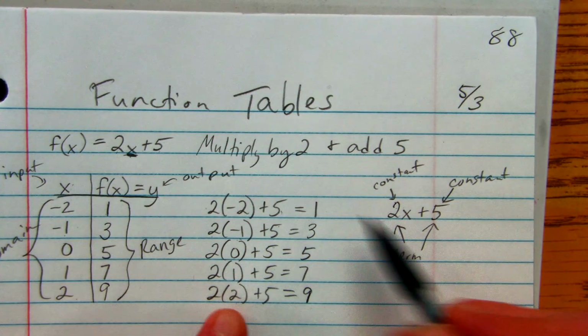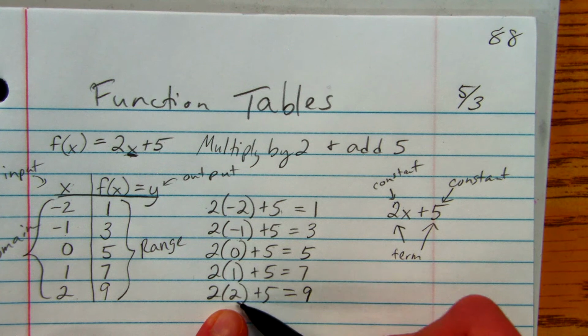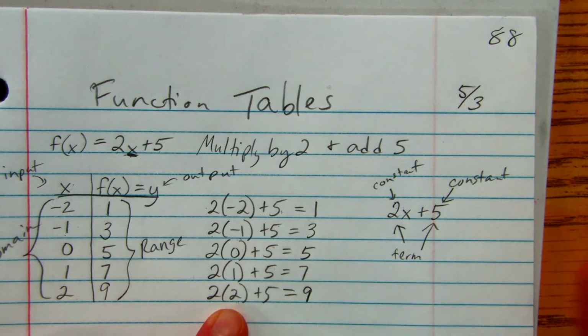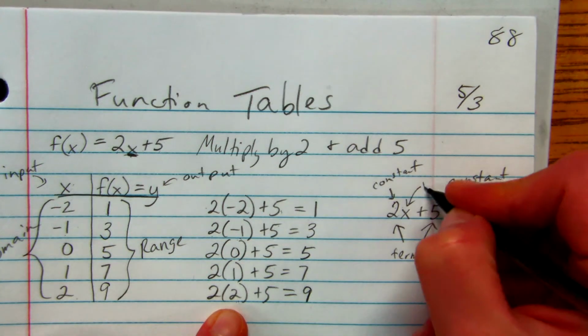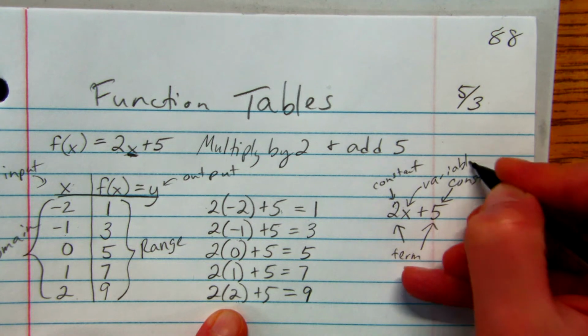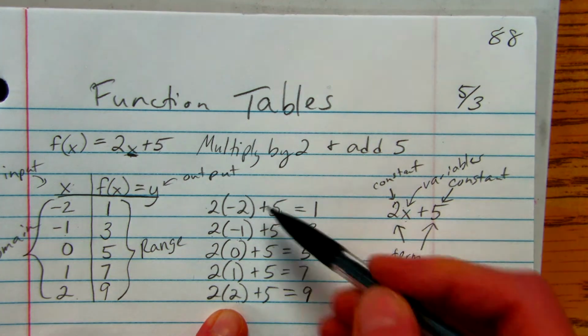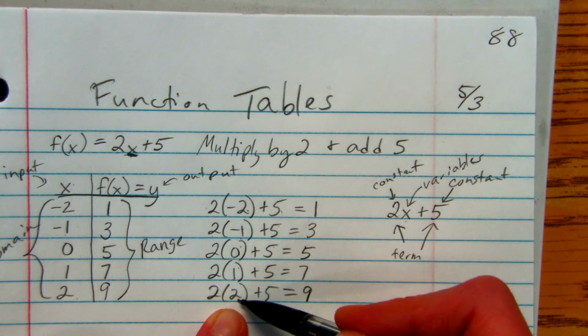But the numbers that we put in for x, they change every time. What do we normally call things like x when they're in algebraic expressions? Variables. We call them variables because when we work with them, the number that goes in for x is going to vary. It's going to change.